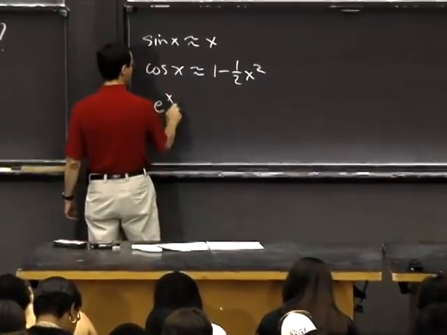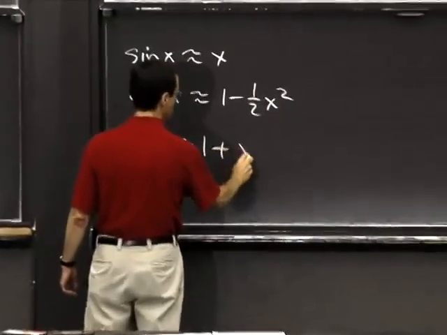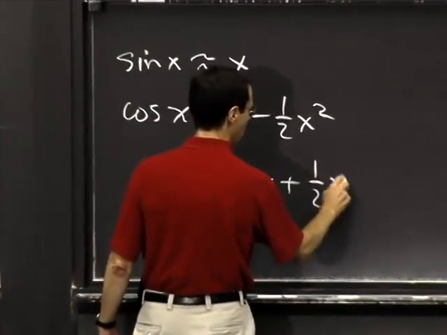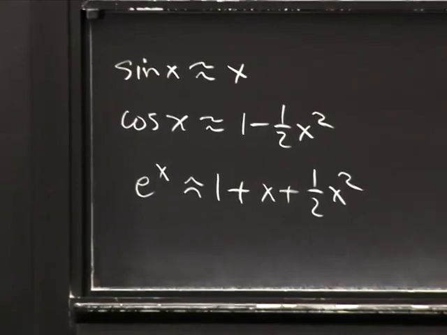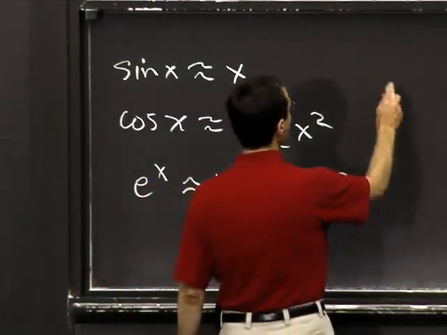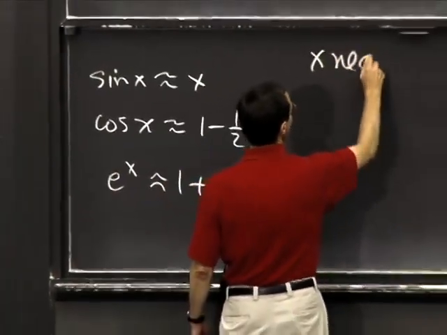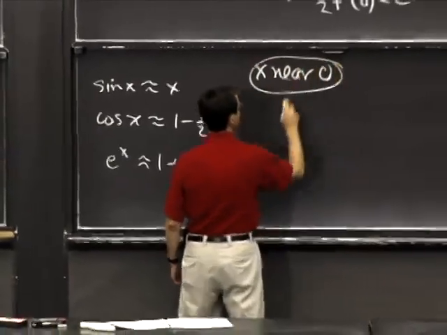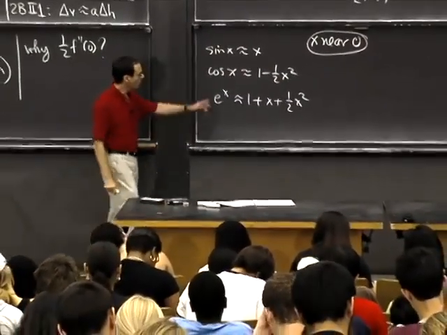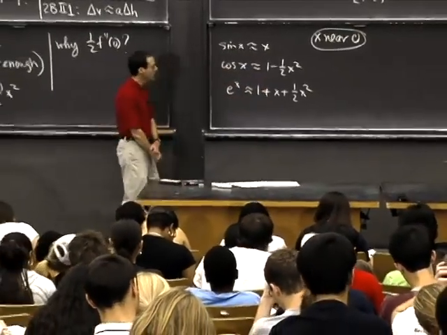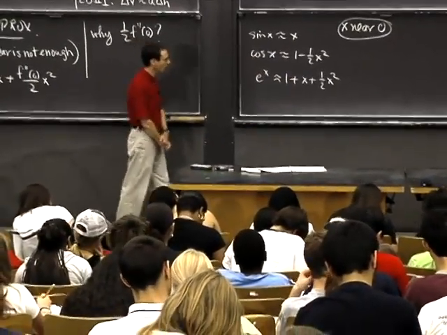And e to the x is approximately 1 plus x plus a half x squared. So those were three that I mentioned last time. And again, this is all for x near 0. All for x near 0 only. These are wildly wrong far away, but near 0, they're nice, good quadratic approximations.